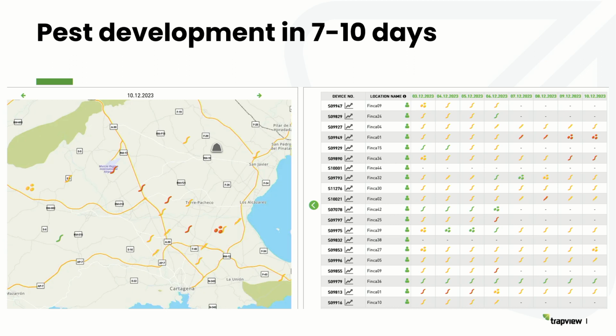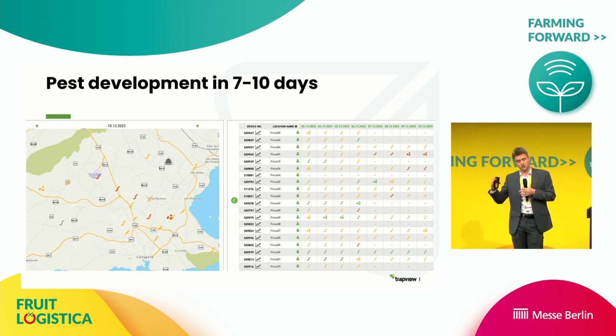At which development stage it will be, because it's not the same if you're using ovicide or larvicide or broad-spectrum insecticides, which are more or less not allowed in Europe anymore. And you can do this for the next 7 to 10 days with the accuracy of a single day. So you know when is the right time.